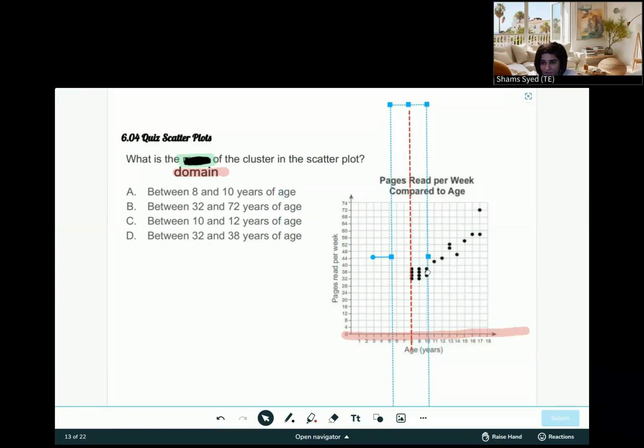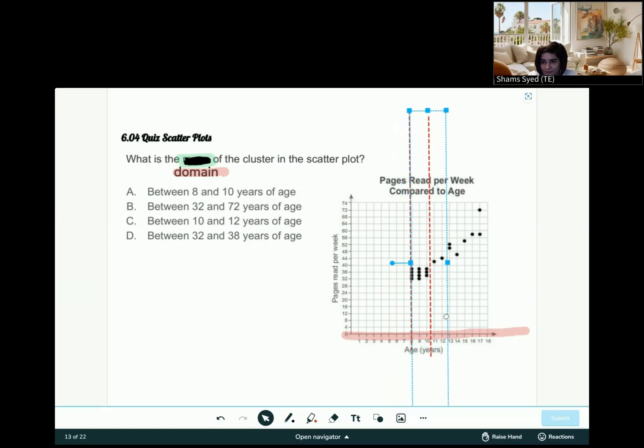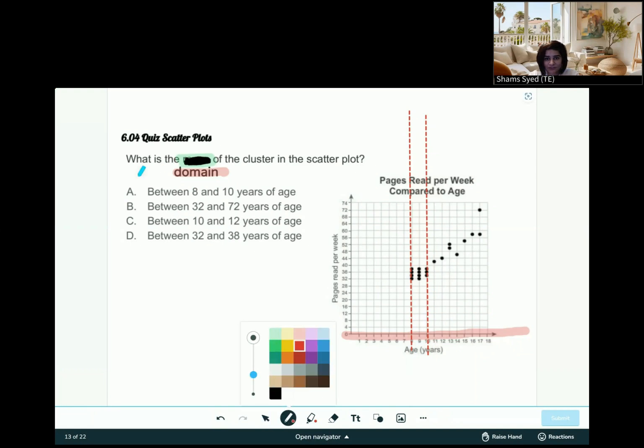Notice here is where most of the cluster falls, and here, right? If you look at the X values where most of the cluster falls, that is going to be the domain. And Dianis, I agree with you. Most of the cluster falls around 8 to 10 for domain.